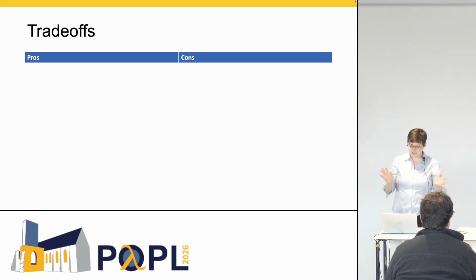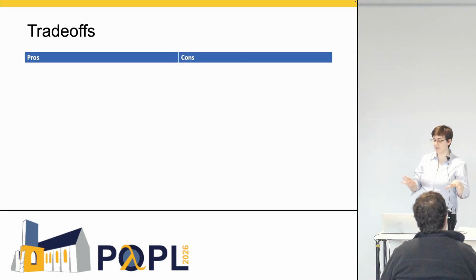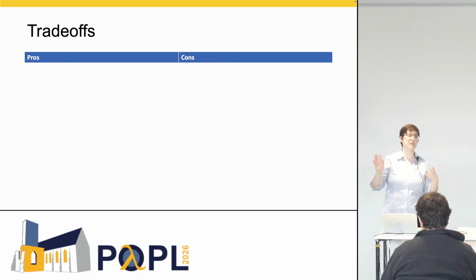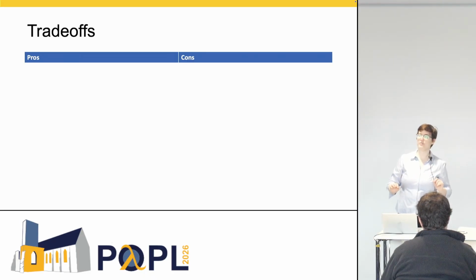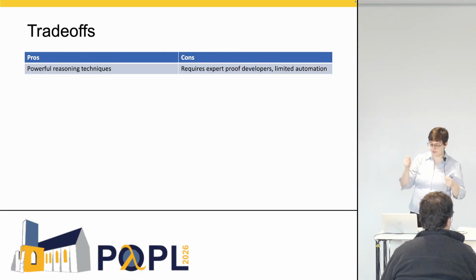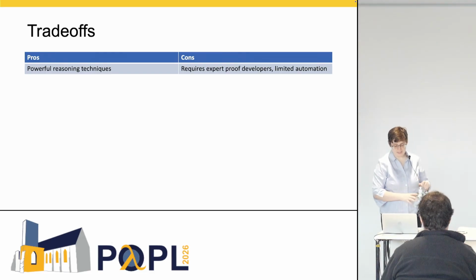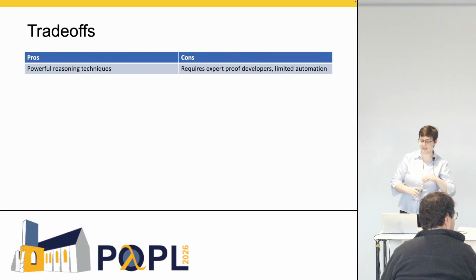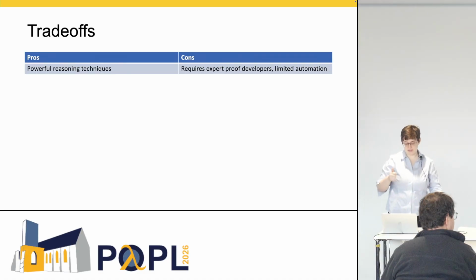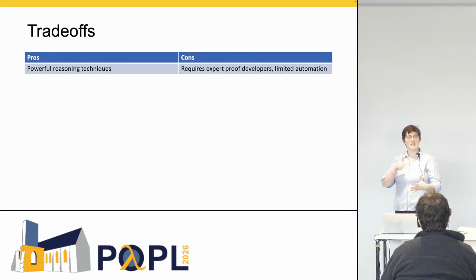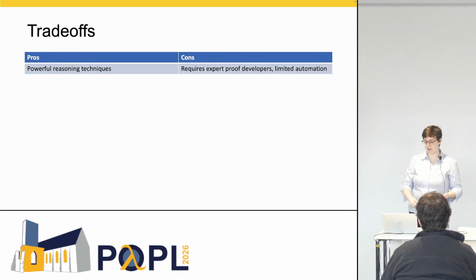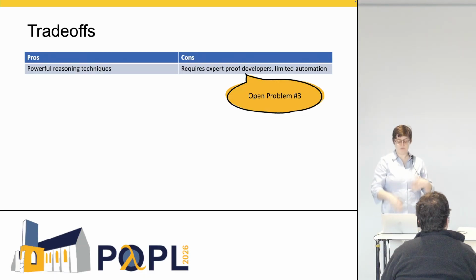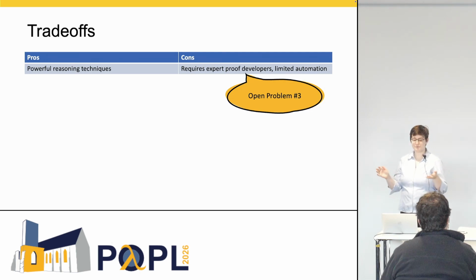Of course, there are a lot of trade-offs to doing formal verification using Coq or other interactive manual theorem proving tools. Trade-off number one is between the powerful reasoning techniques that you get and the fact that it requires a lot of expert knowledge, proof developers, and relatively limited automation.